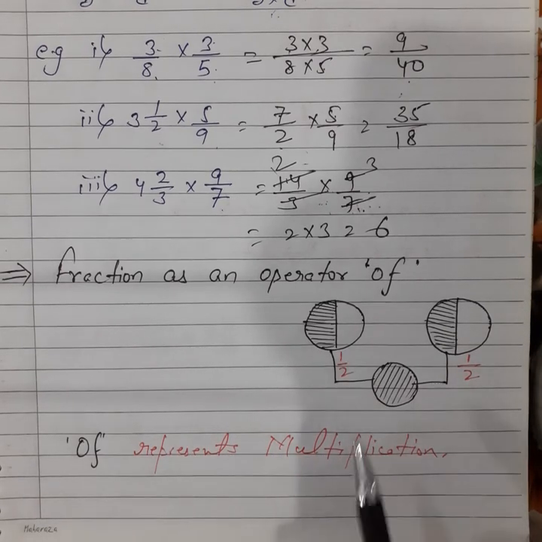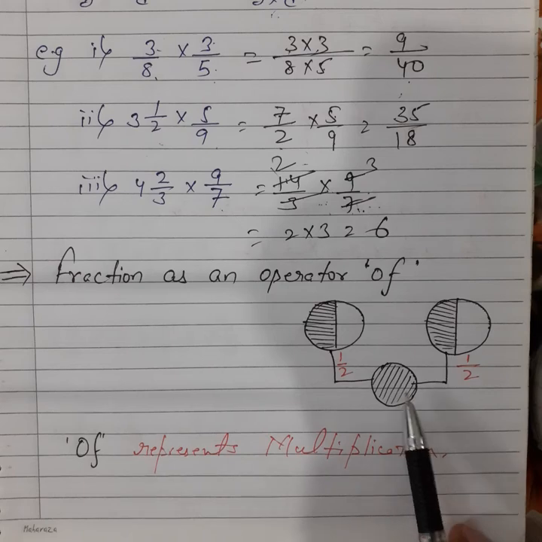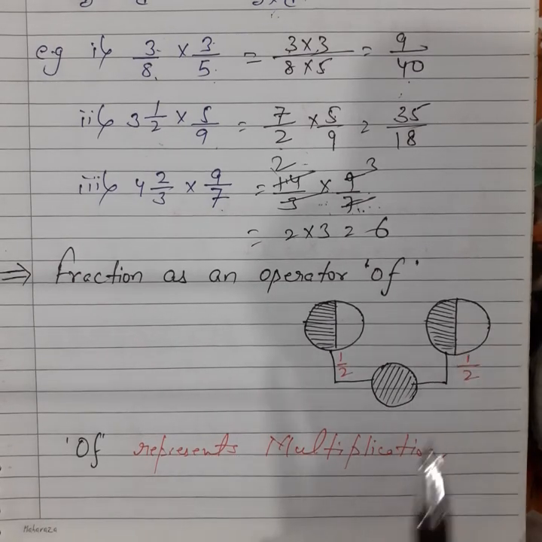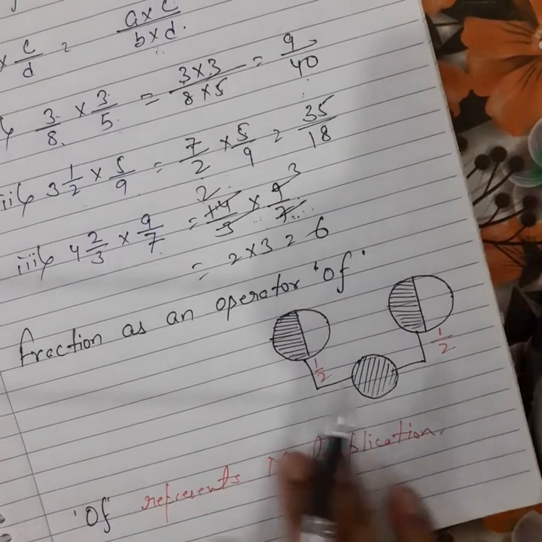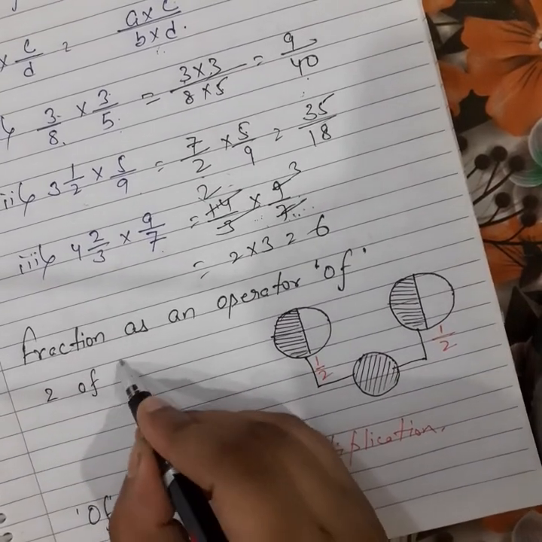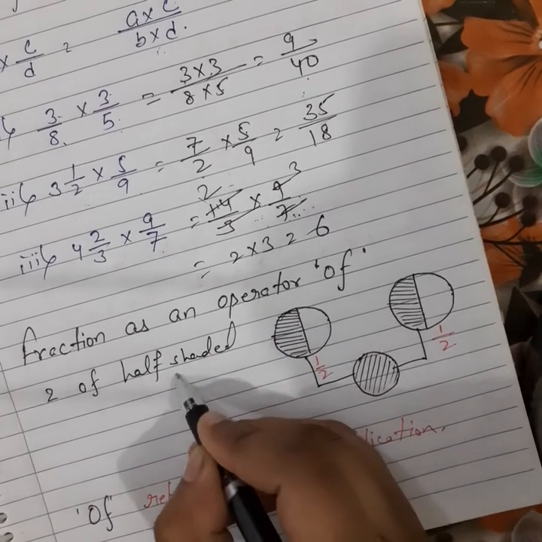And when we combine it, we get a full circle, that is shaded. It means here we have two half shaded circles. 2 of half shaded circle.